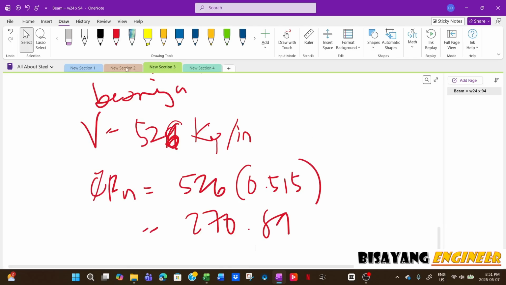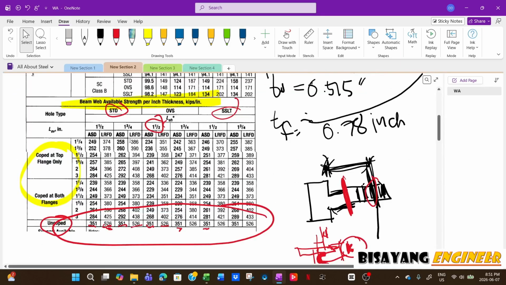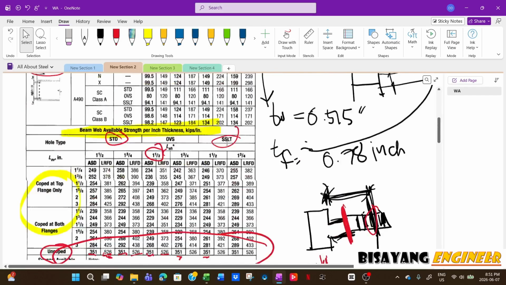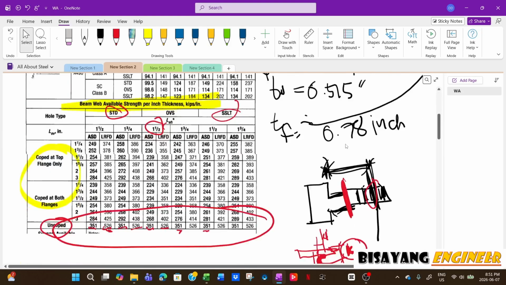The next and the last check would be the bolt bearing on the column flange. Now, if you look at the table, the support available strength per inch thickness, kips per inch, for the flange is 1050.